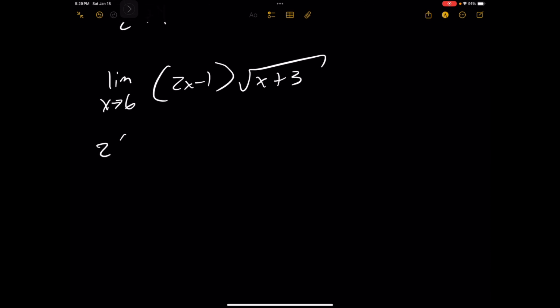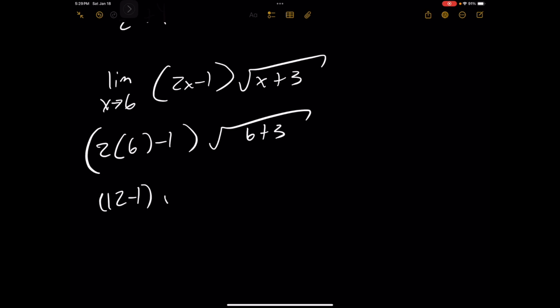So we get 2 times 6 minus 1 multiplied by the square root of 6 plus 3, which is 12 minus 1, root 9, which is 11 times 3, which is going to give us 33.